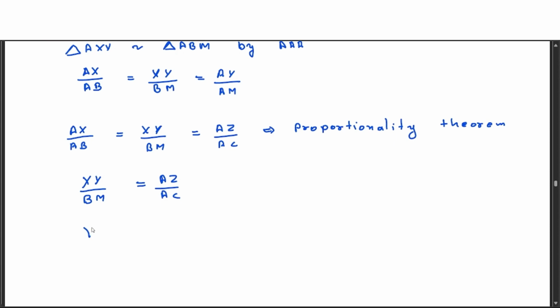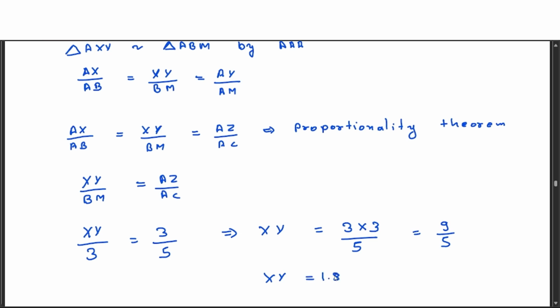XY we don't know, BM is given 3, and same way AG we have given 3 and AC we have given 5. Okay, now based on that, XY is equal to 3 times 3 over 5, which means is equal to 9 over 5. So XY you will get how much? 1.8 centimeter. Hope it's clear.